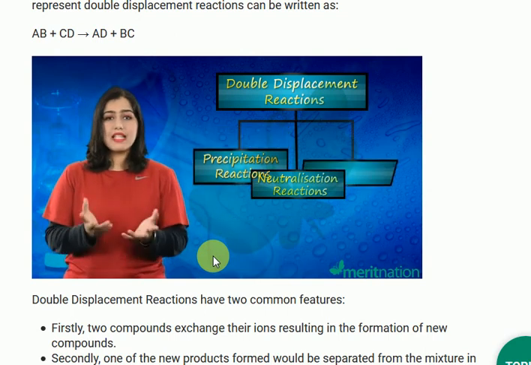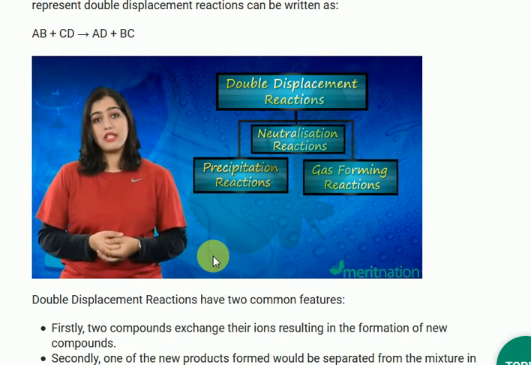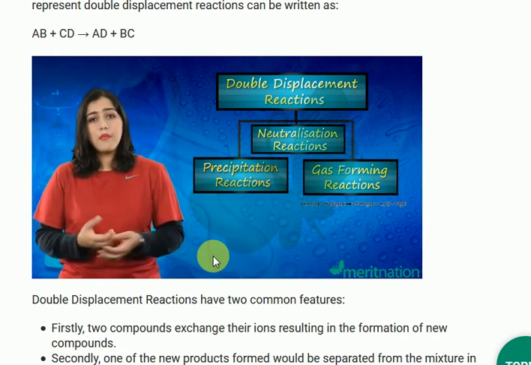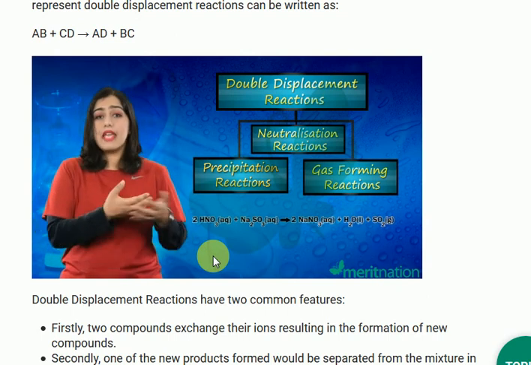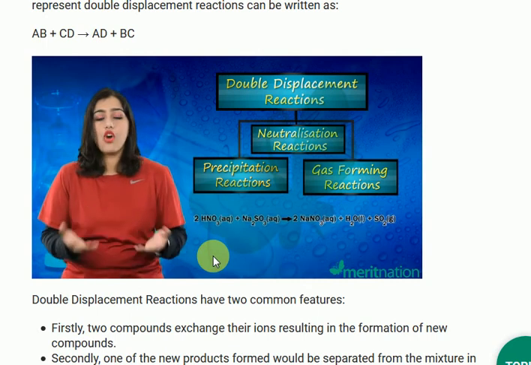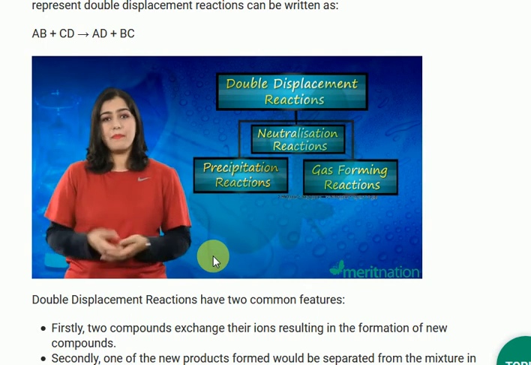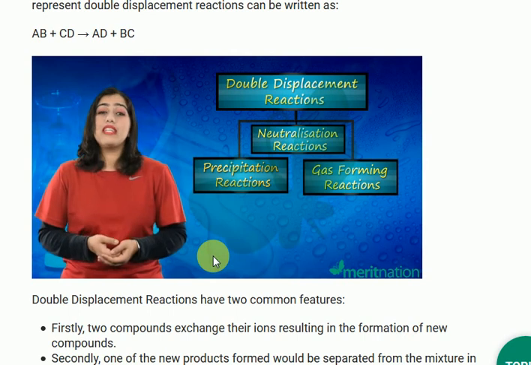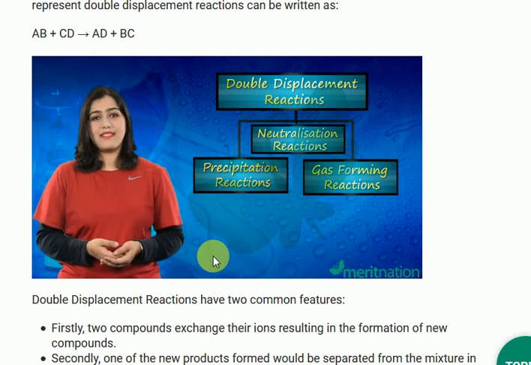And lastly, there are gas forming reactions in which one of the product is either in the gaseous state or it decomposes to evolve a gas. So this was all about the double displacement reactions.